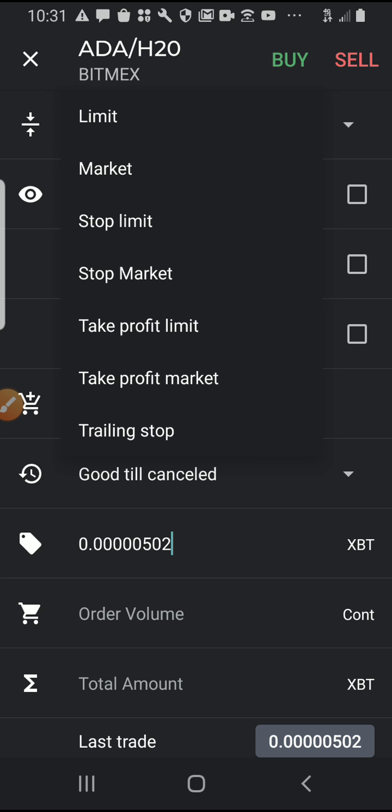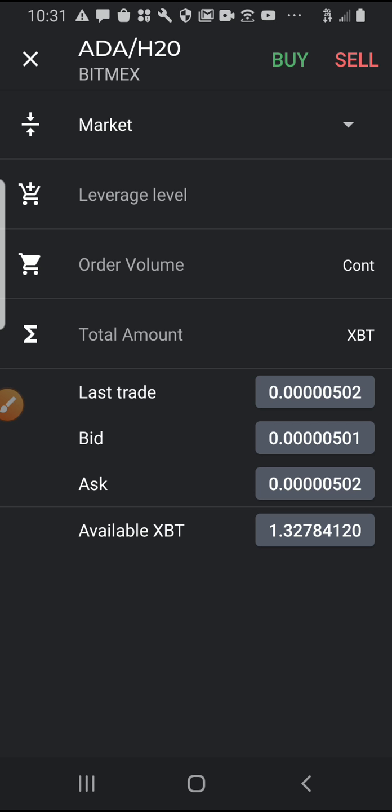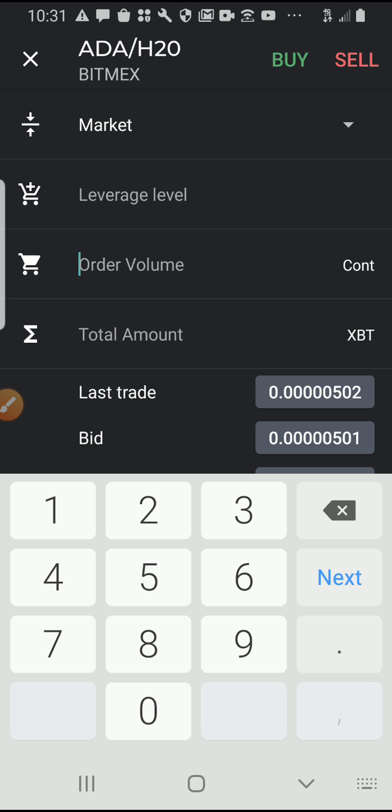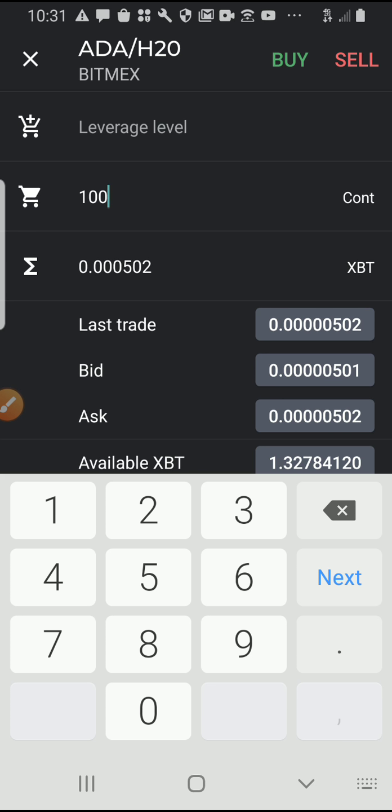We see something like limit, market and so on. I always advise beginners to use the market option. We set the quantity we want to buy, 1000 or 100. Say we want to buy 100 ADA at this price of 502. It gives us the ADA price of 0.000502, and we are buying just 100, so it's giving us this.